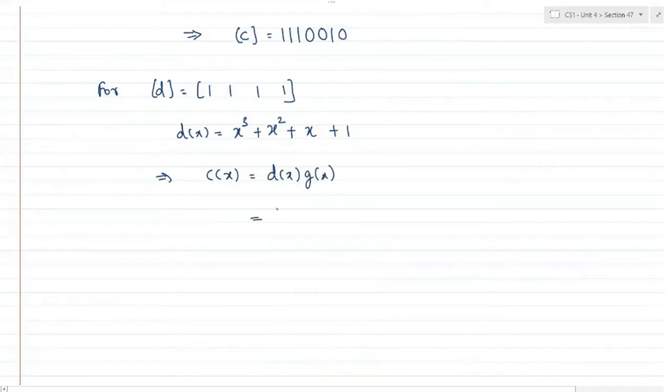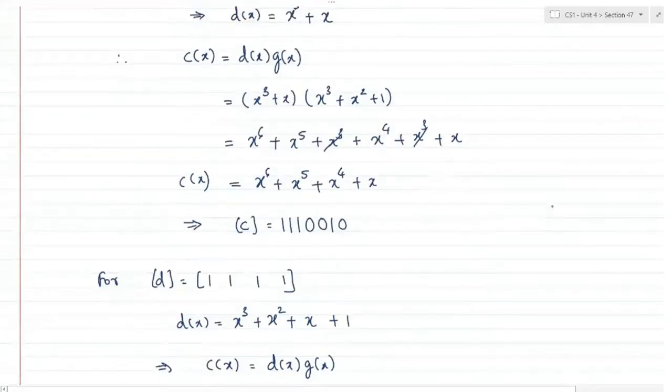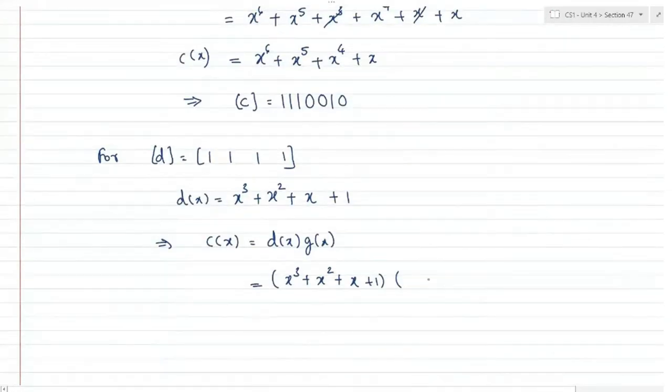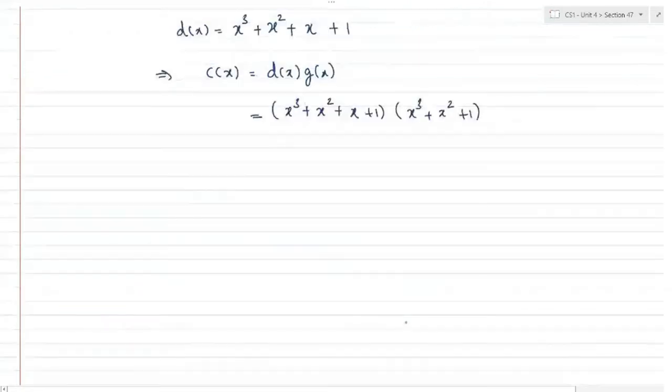In this case, c of x would be the product of d of x and g of x. So try to multiply these two polynomials, x cubed plus x squared plus x plus 1 times g of x, which is x cubed plus x squared plus 1. This results in 12 products.